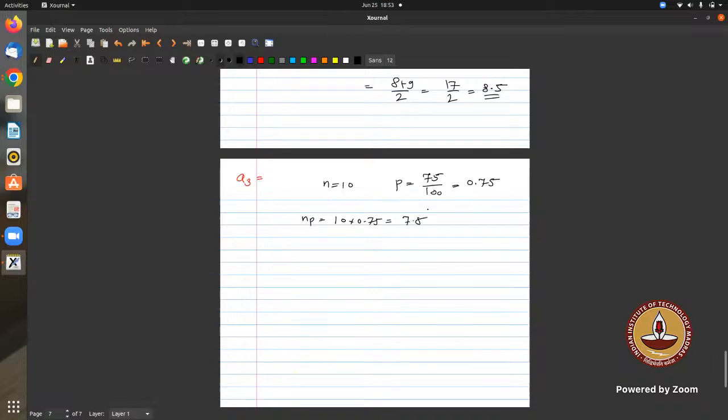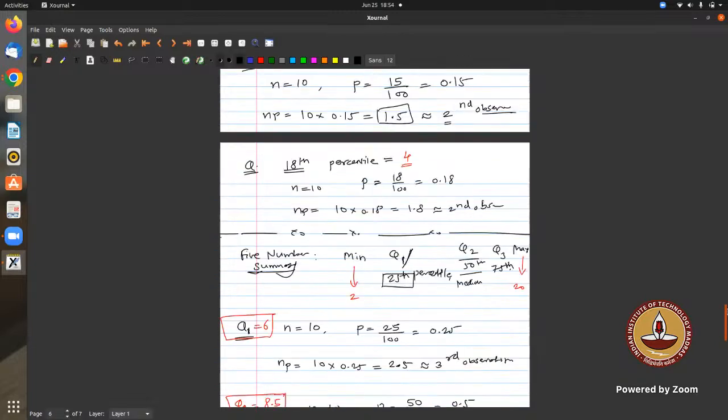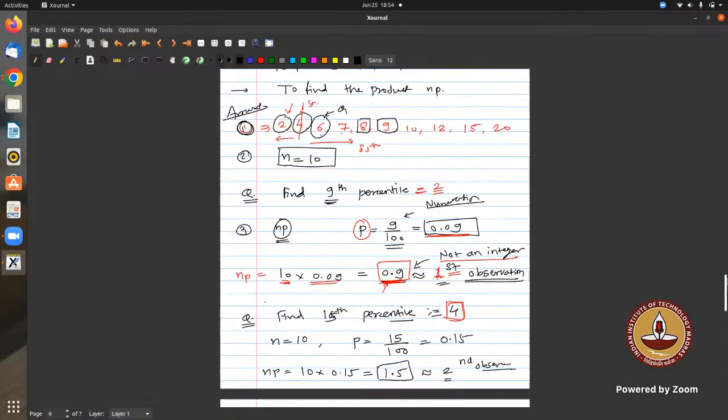This is not an integer, so I go for the next value, the 8th observation. Counting 1, 2, 3, 4, 5, 6, 7, and 8, this is my Q3.